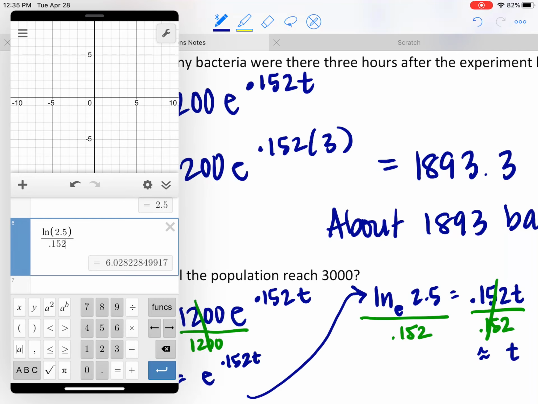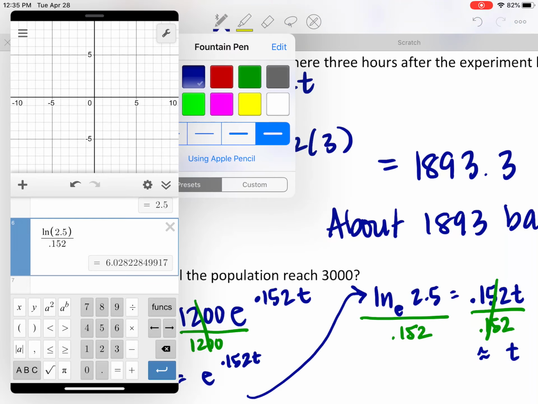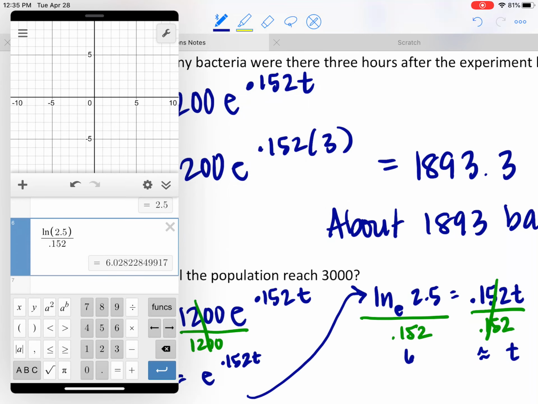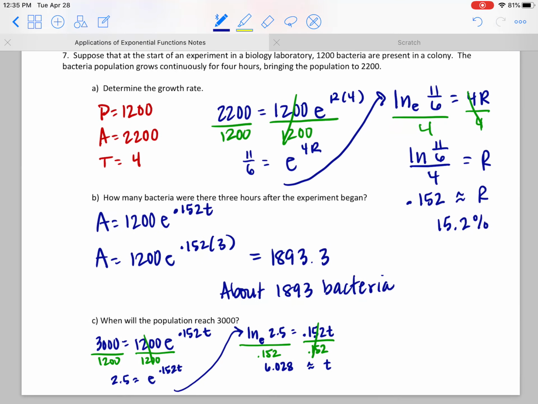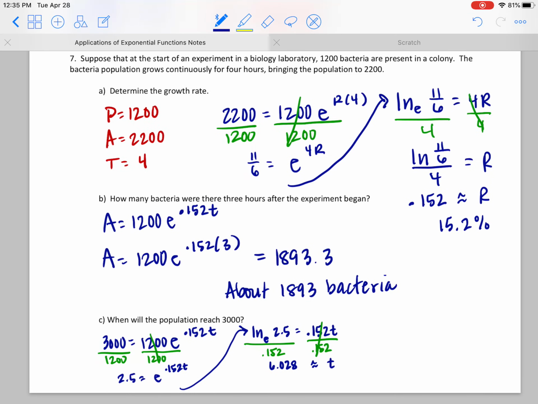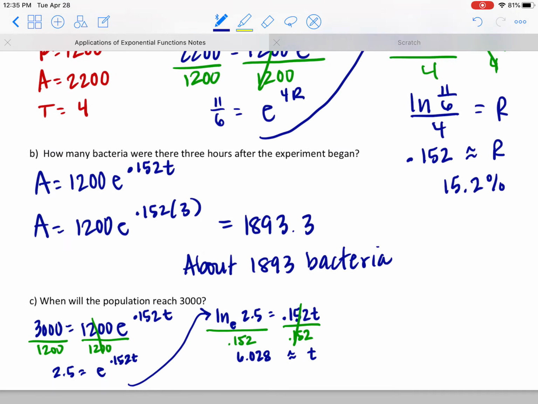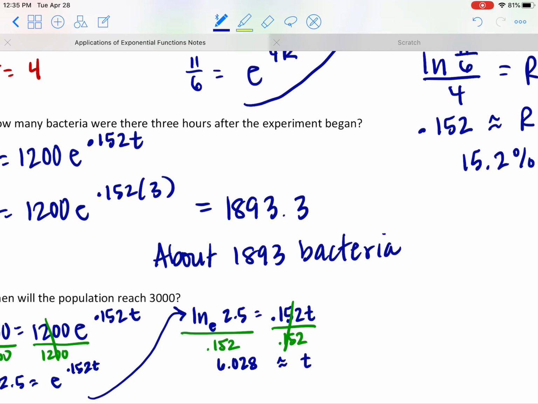So t is going to be approximately natural log of 2.5 divided by 0.152. 6.028, so a little over 6.